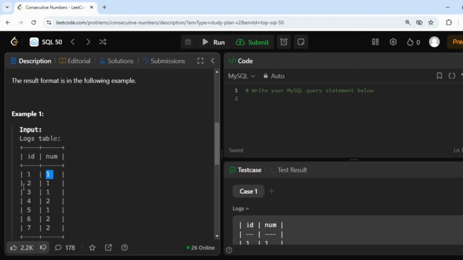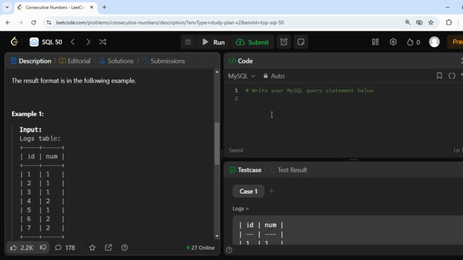Then I have to check for ID 2 whether the num of ID 1 is equal to the num of ID 2, and again for ID 2 and ID 3. Similarly, it will check the next rows, ID 3 against ID 4, and once it sees that the nums of ID 3 and ID 4 are not equal, only then will it break.